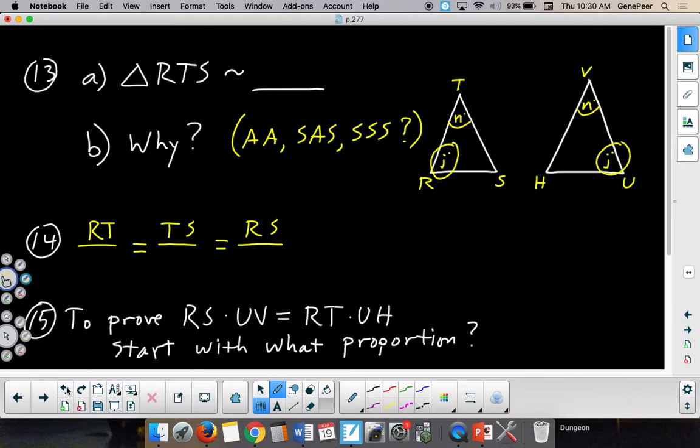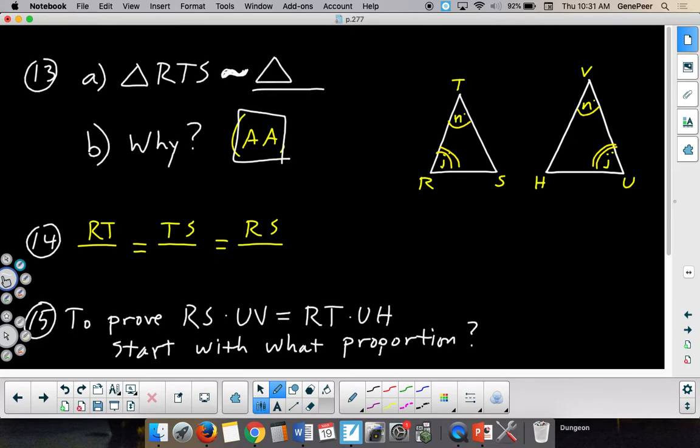That again is their tricky way of telling us that these two angles are also congruent. Well, AA right here tells us that these two triangles are definitely similar. They are similar. Now we have to write the similarity.